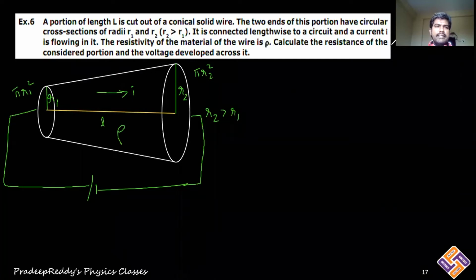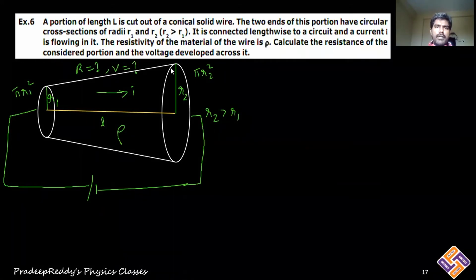Calculate the resistance of the considered portion and the voltage developed across it. You are now supposed to find out the resistance of this portion, R is equal to how much, and as well, if resistance is known, definitely you can find out voltage. You should also find out what is the voltage developed across this. These two are what you are now supposed to find out.